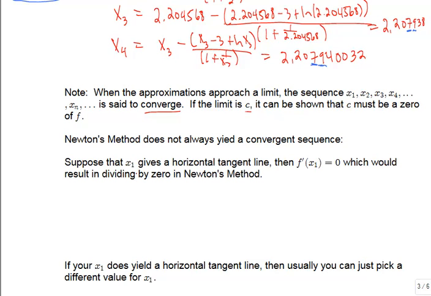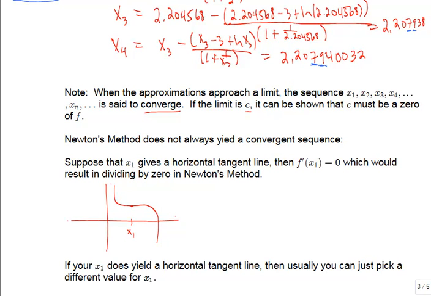Suppose that x sub 1 gives a horizontal tangent line. Let's draw a picture to visualize what this might look like. Suppose that you have a function that looks like this. Let me draw that one more time. Okay, and suppose that I happen to pick x sub 1 to be right here, right at that point.